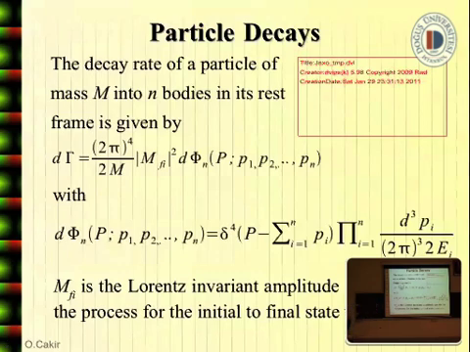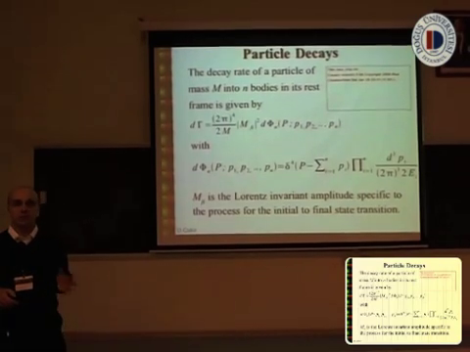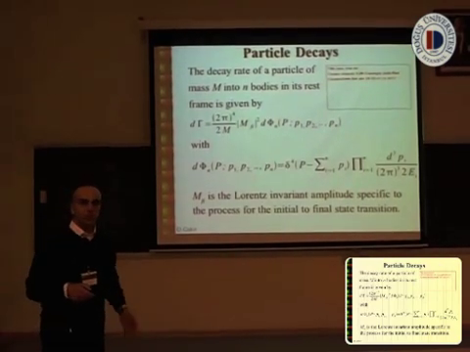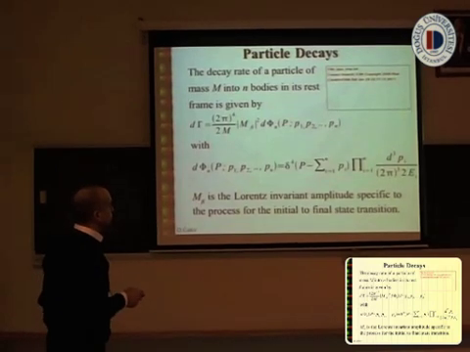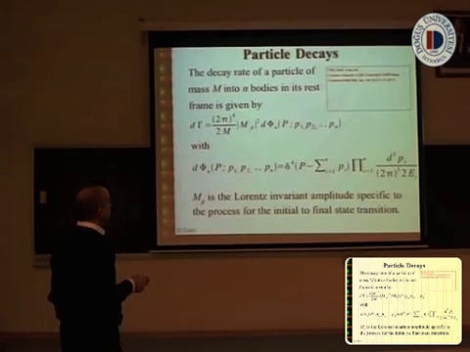For particle decays, the formulation is similar to the cross-section calculations, and we will have again a phase space here. In the initial state, we have one particle, and in the final state, we will have more particles, P1 to Pn.